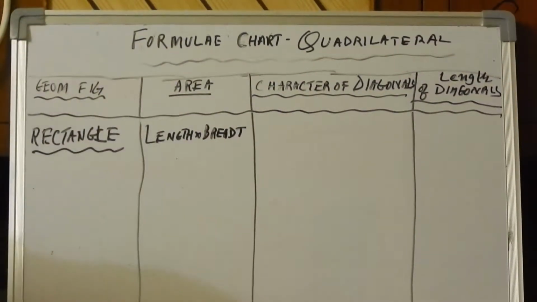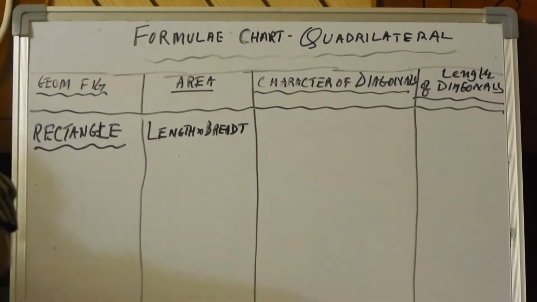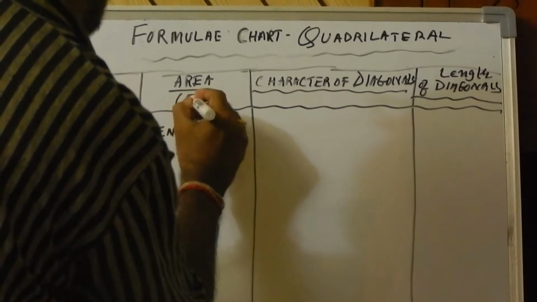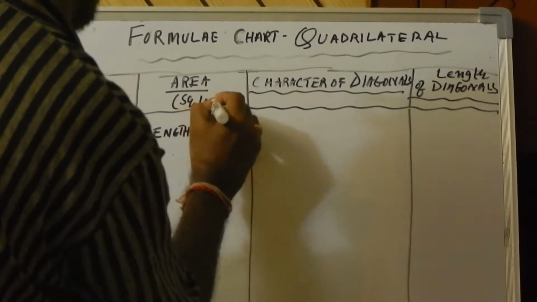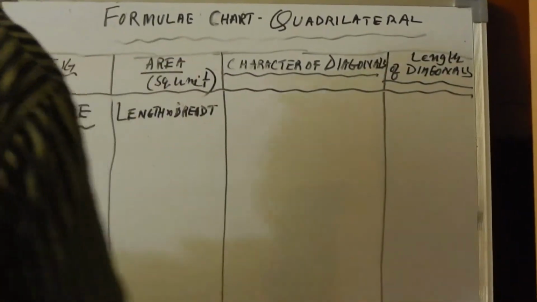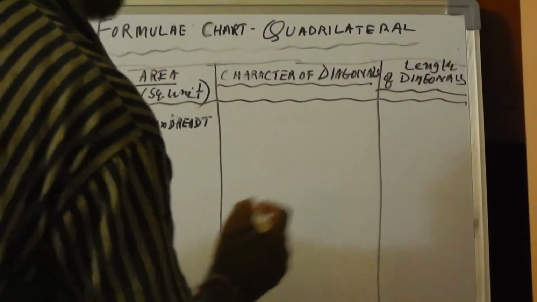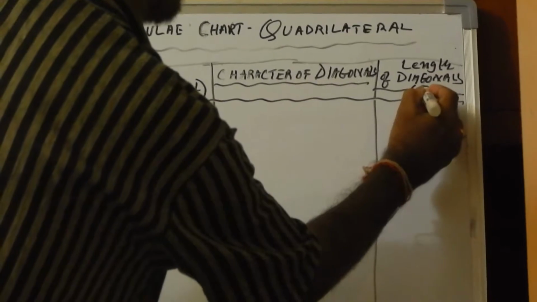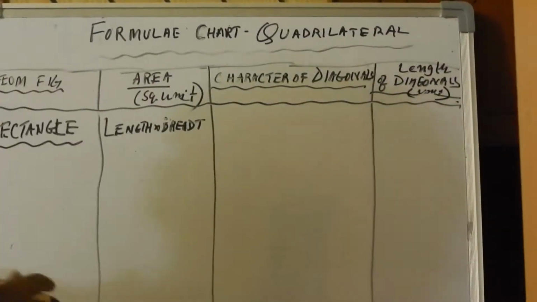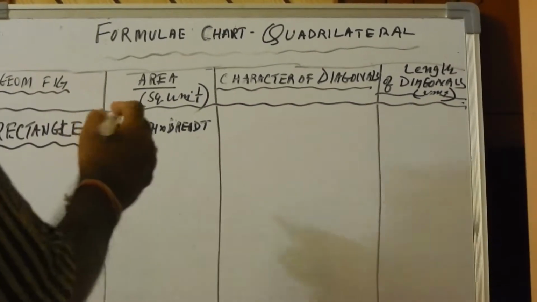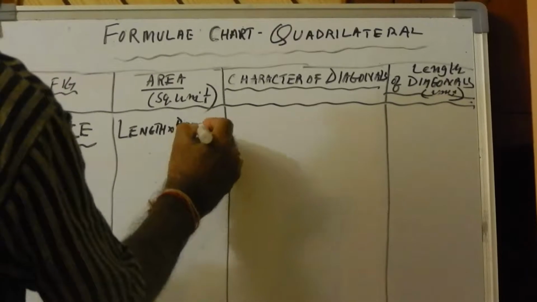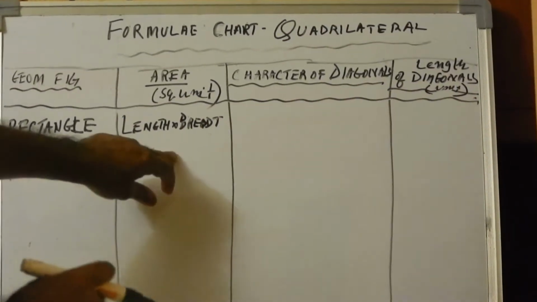And the unit here is square unit. As you know, area of anything is in square unit. And here the length is in whatever unit it may be. So length into breadth is equal to area for the rectangle.